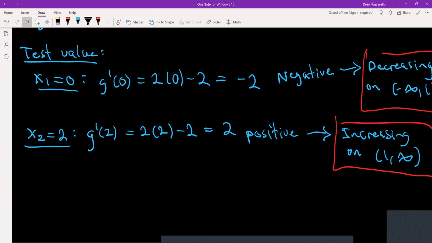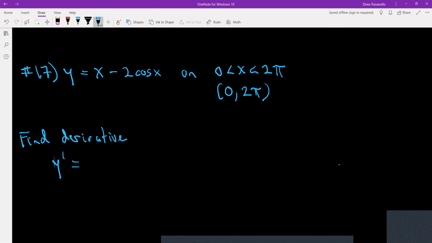So like before, we find its derivative, y prime. The derivative of x is 1. So that'd be 1 minus, and then you do 2 times the derivative of cosine. The derivative of cosine is negative sine.